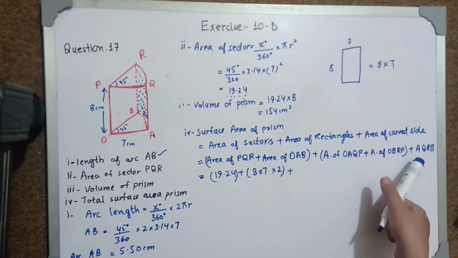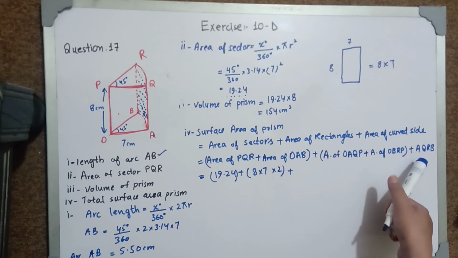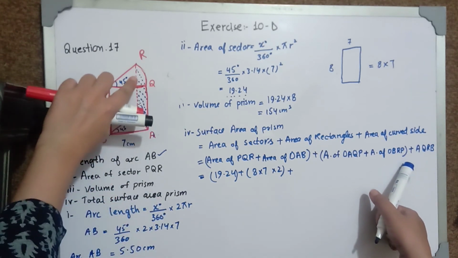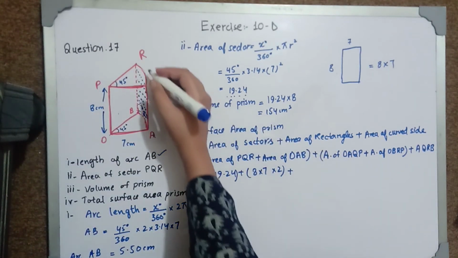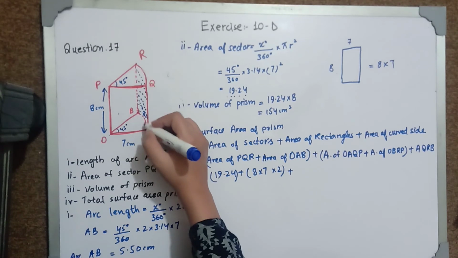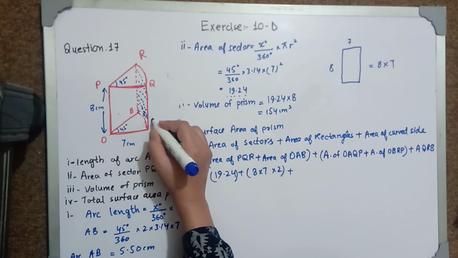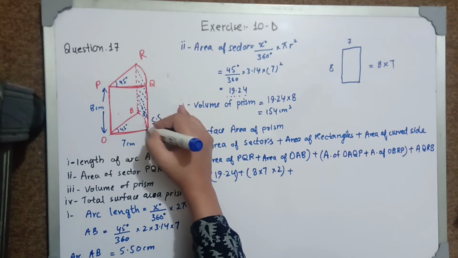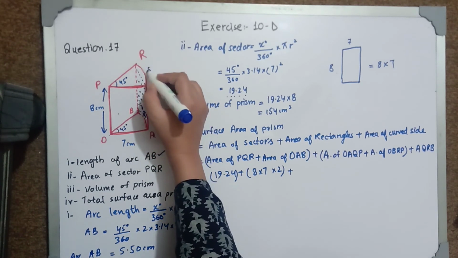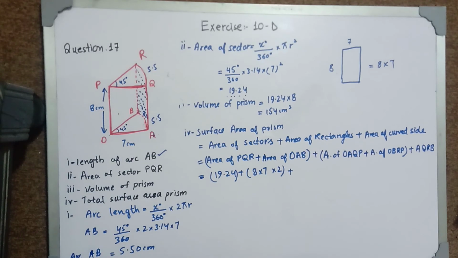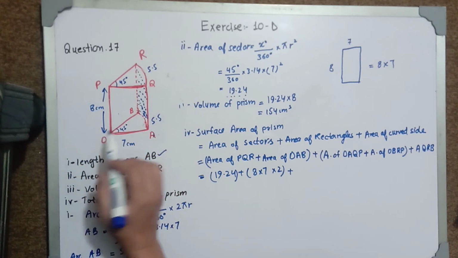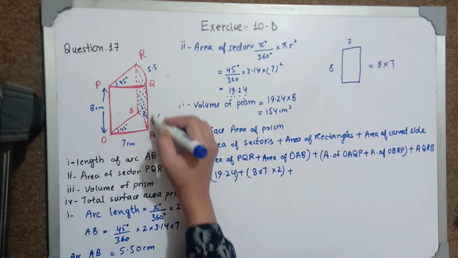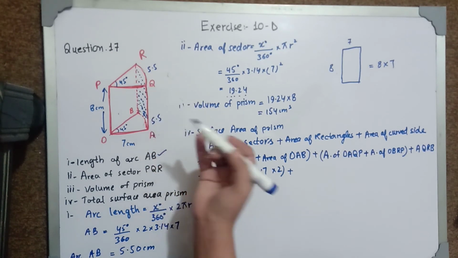Plus, now the last side, the curved side of the prism. We know that the arc length is 5.5. This RQ, we found AB, that was 5.5, and we know that RQ is also equals to AB, so it is also equals to 5.5. And if OP is 8, it means that QA is also equals to 8.